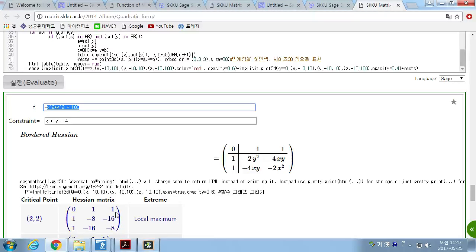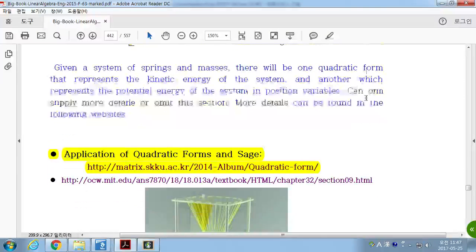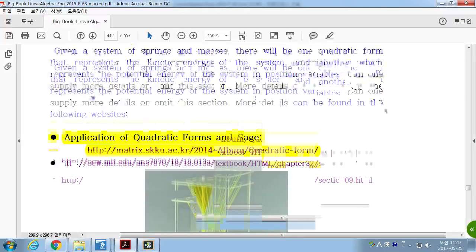And not only 2 variables, but 3, 4, 5 variables. You can do everything here. So this covers what you have learned in calculus. This is why you learned calculus before the linear algebra class. And with this knowledge, you can do many other things in engineering and other sciences.